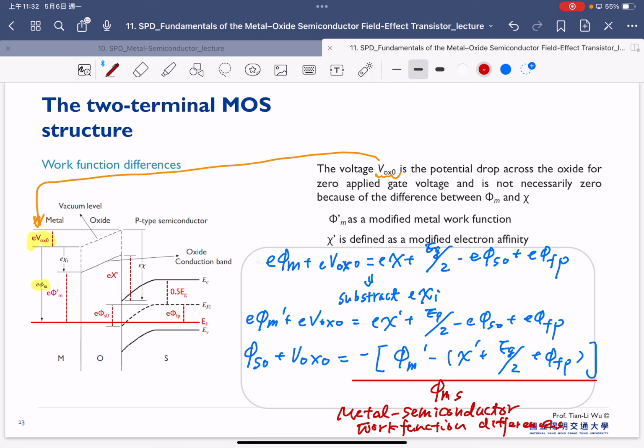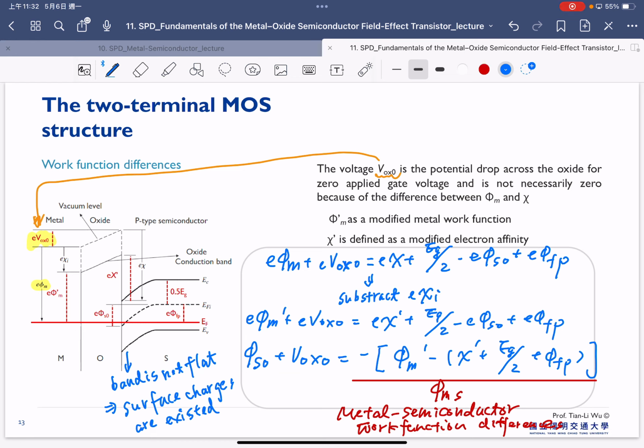And one more thing you have to know: this is under thermal equilibrium, which means it is under zero bias. But under zero bias, the band is already not flat here. That means there is already a surface charge existing here.